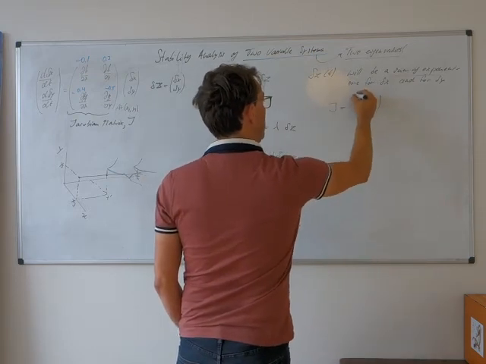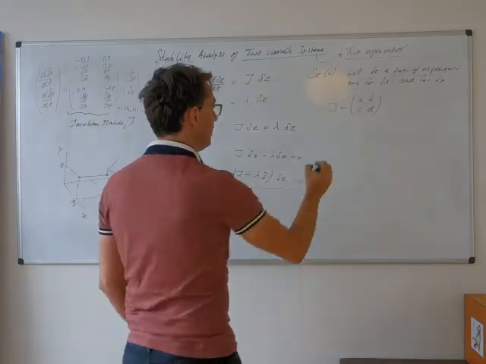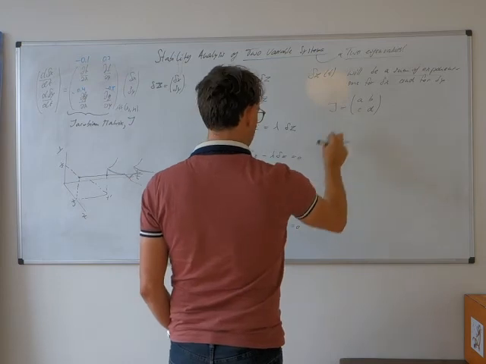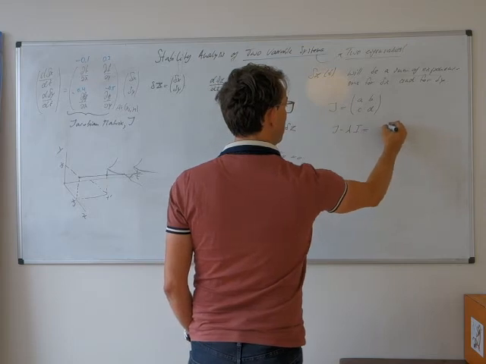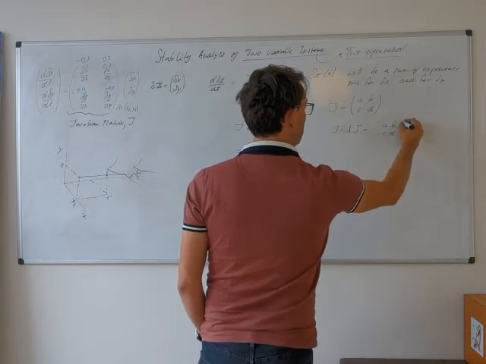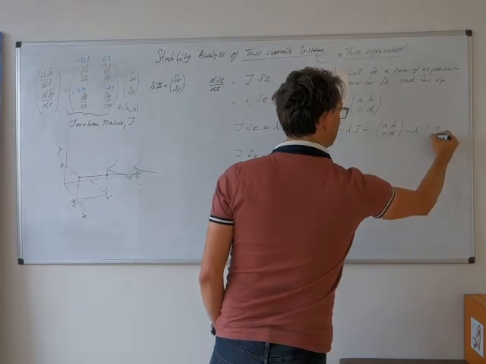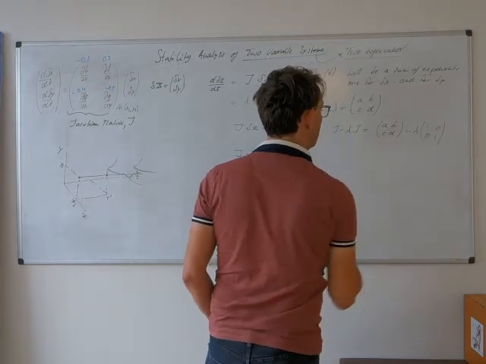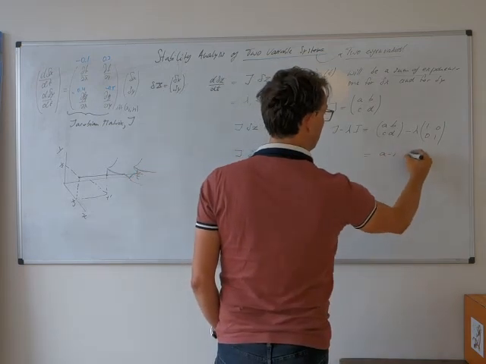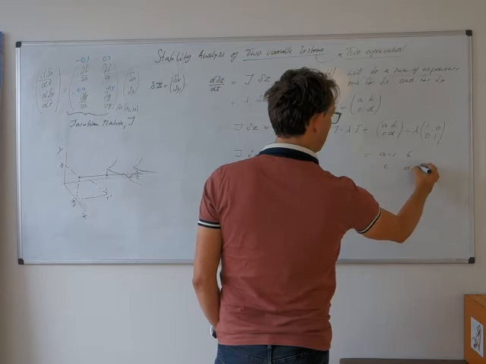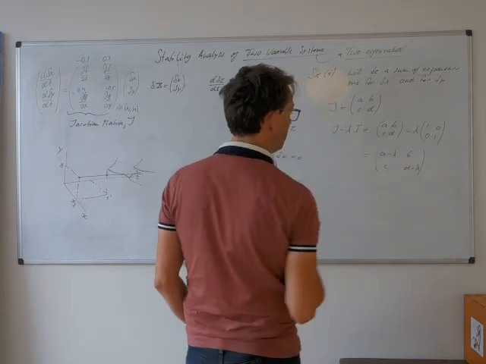So let's say this matrix, the Jacobian matrix, has these 4 entries. So what is then this equation? So J minus lambda I is going to be this, because the I is the identity matrix. You get this?